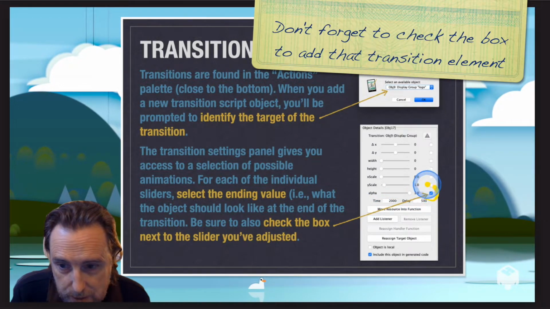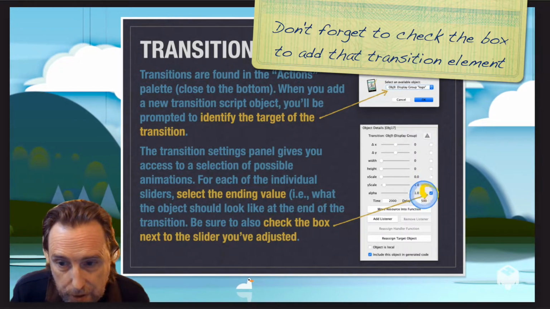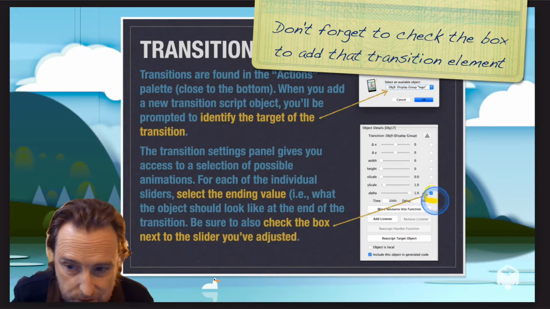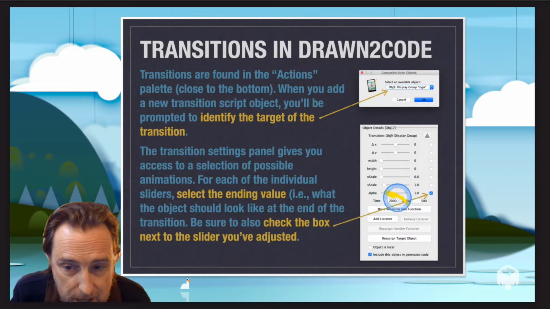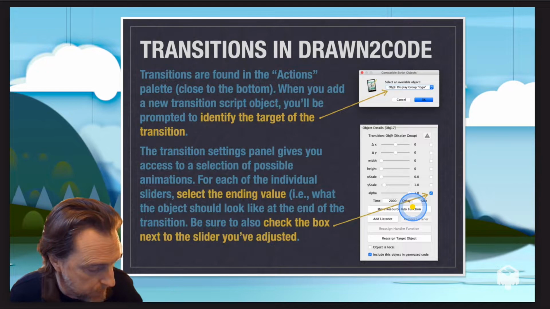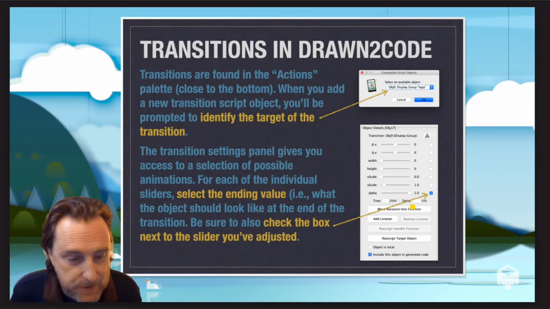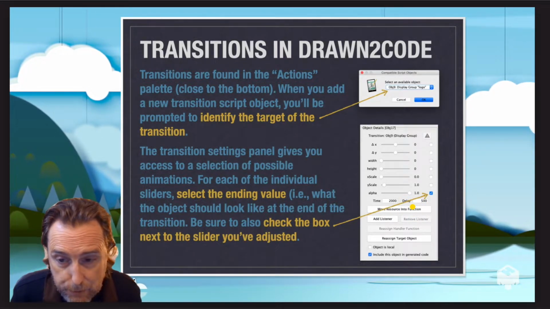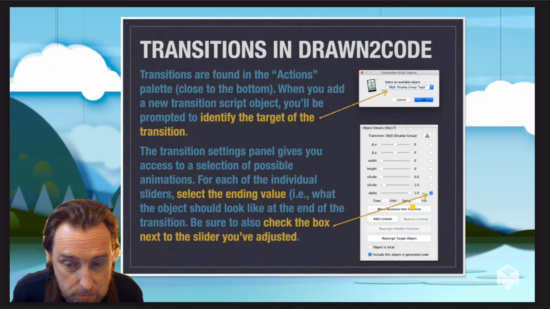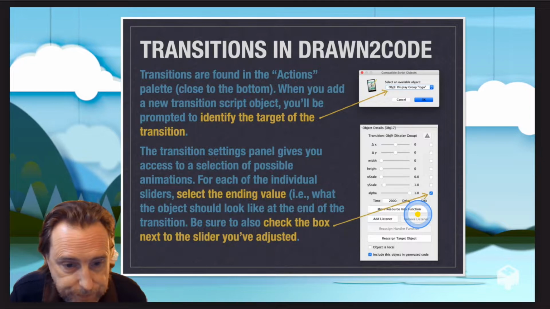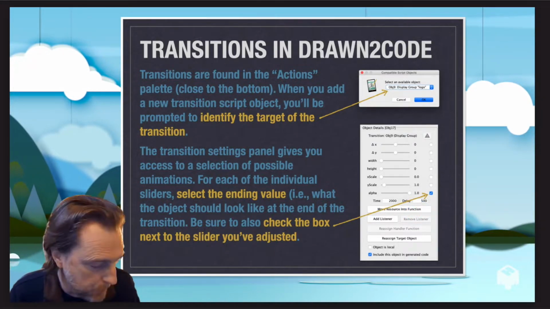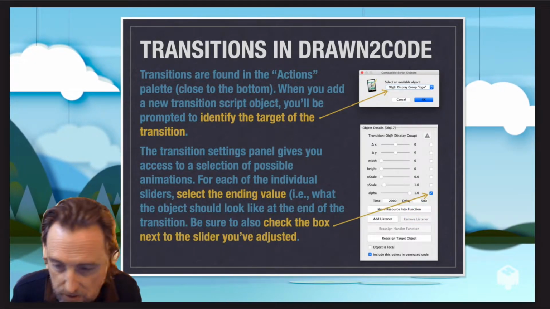Checking the box is what tells Draw-No Code that you want this setting in the transition key value pair table. And you get to specify the time and also optionally a delay. So if you want this to wait 2 or 3 seconds before it fades in, you could specify that in this display milliseconds box. That is it for transitions.